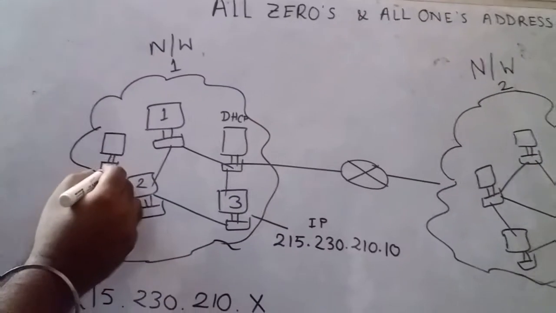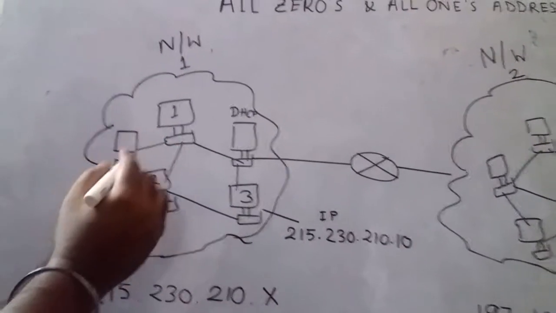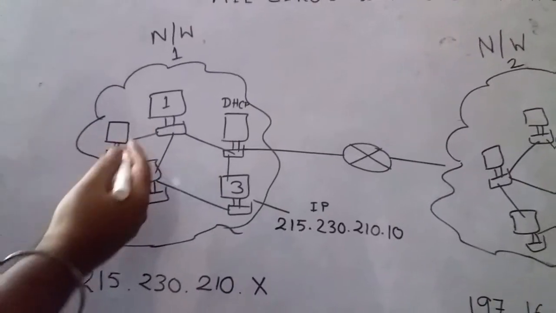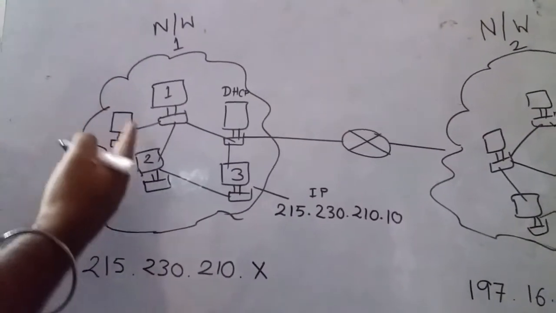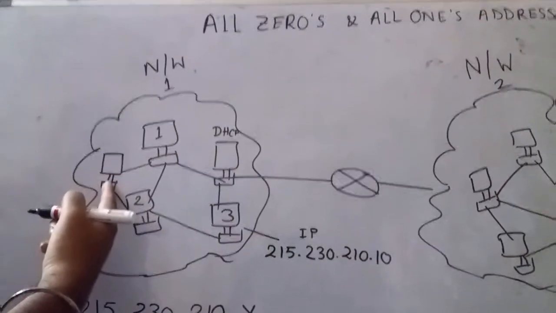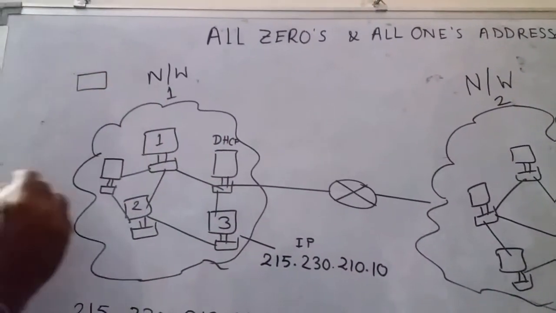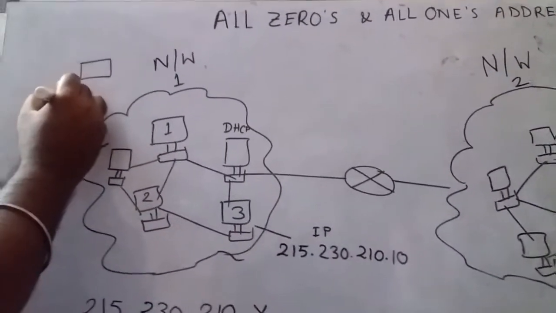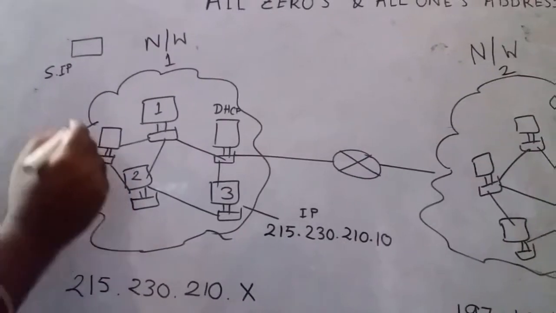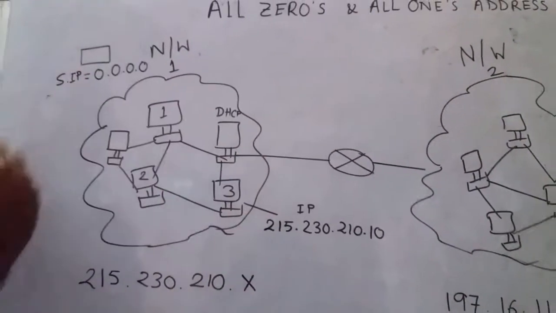As soon as you join this computer in the network, it will send a broadcast message to get a new IP address. Either you have to manually configure it, otherwise DHCP will provide the IP address. At that time, it will send a data packet. The source IP for that machine will be 0.0.0.0.